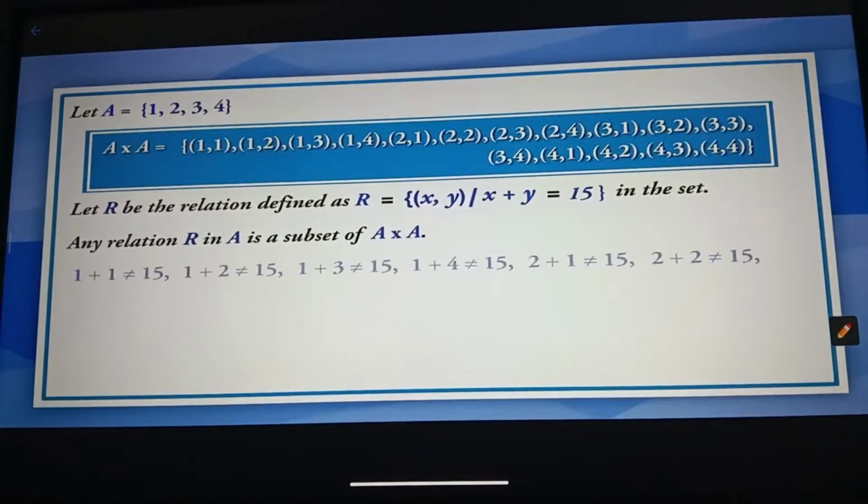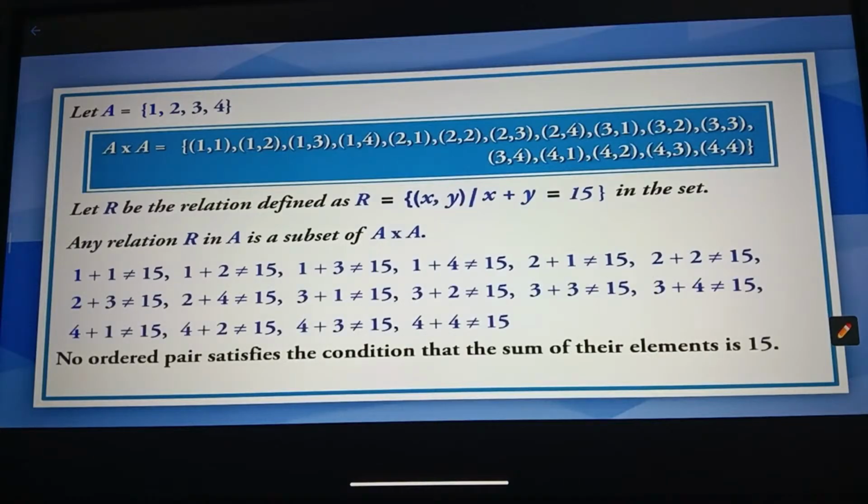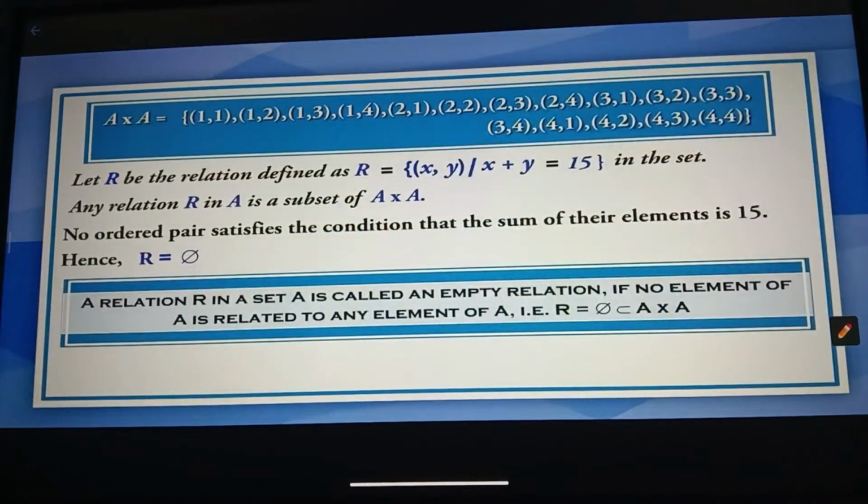Recall that any relation R in A is a subset of A cross A. In this case, no ordered pair satisfies the condition that the sum of their elements is 15. Hence, relation R has no ordered pairs in it. These types of relations are known as empty relations.